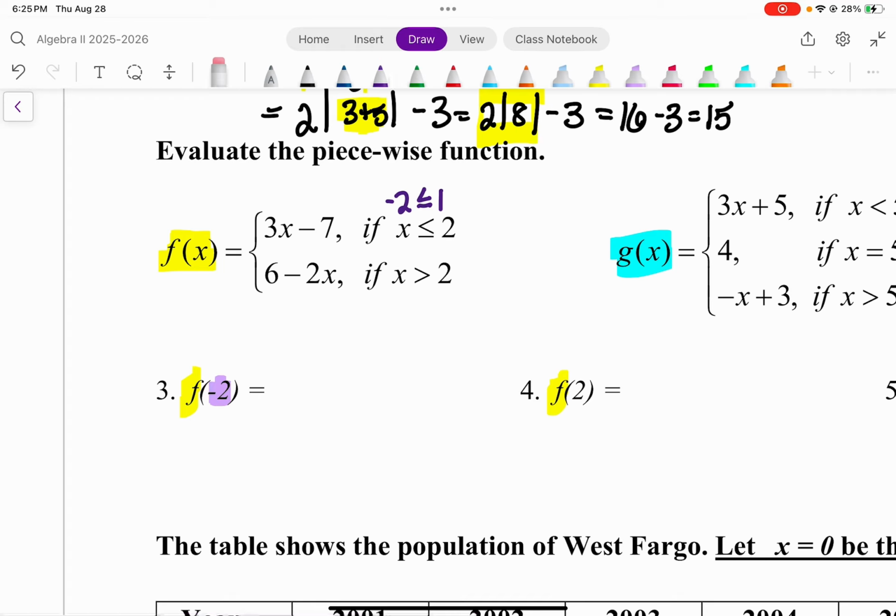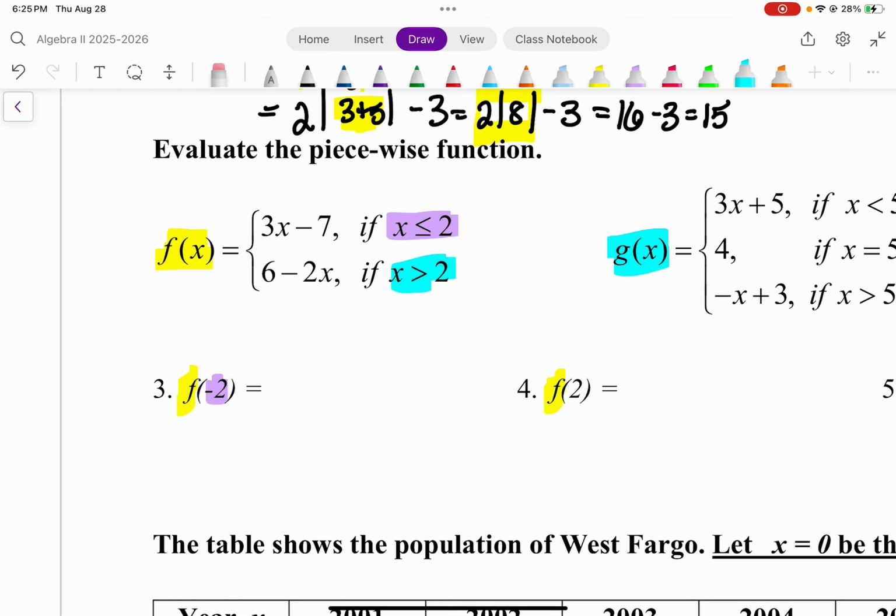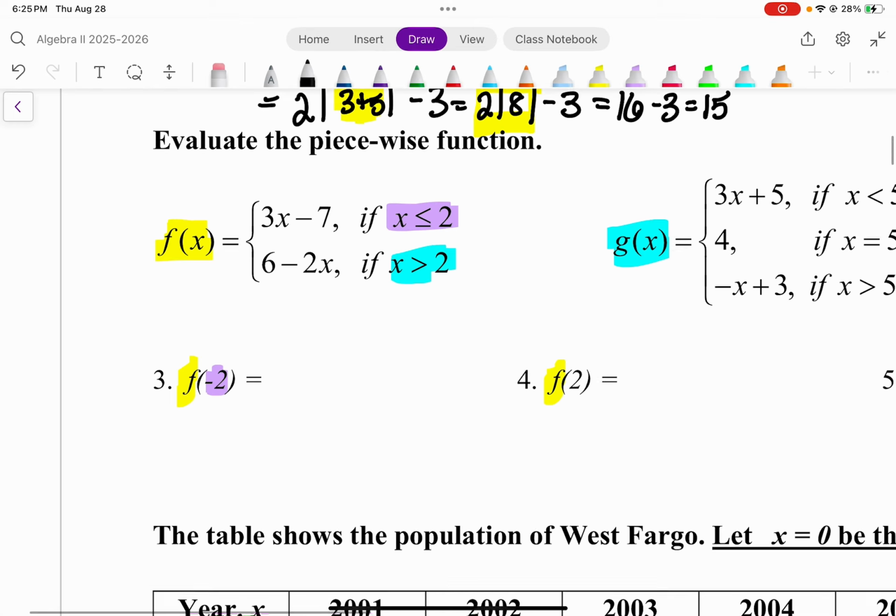So because that is less than 2, that means we are going to use the top equation. So this purple one on top is when x is less than or equal to 2. The bottom function we would use if our x value is greater than 2, which in this case, we're not going to use.